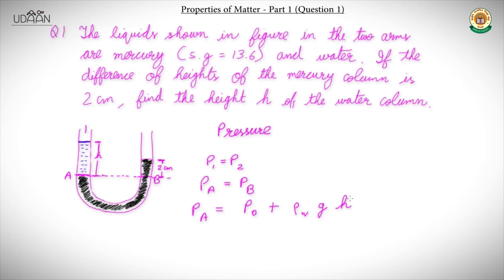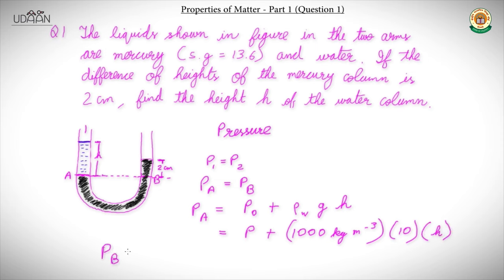Now, you should remember rho water, the value for rho water is 1000 kg per meter cube. And g is obviously gravitation, which we take as 10. And h is to be found out.